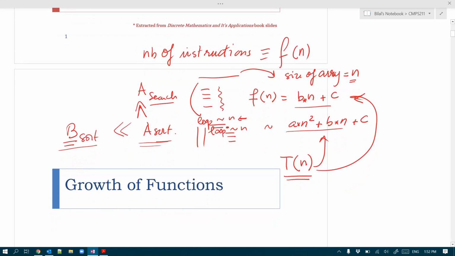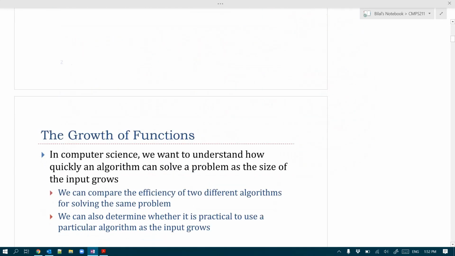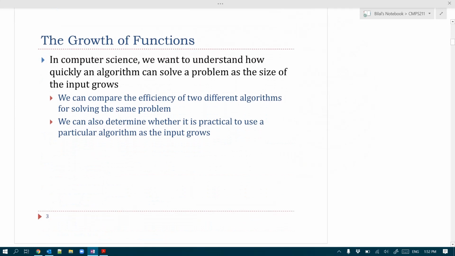So again, we want to use a formalism that helps us in studying different types of algorithms for the same type of problems or for different problems, and that is independent of any machine architecture.